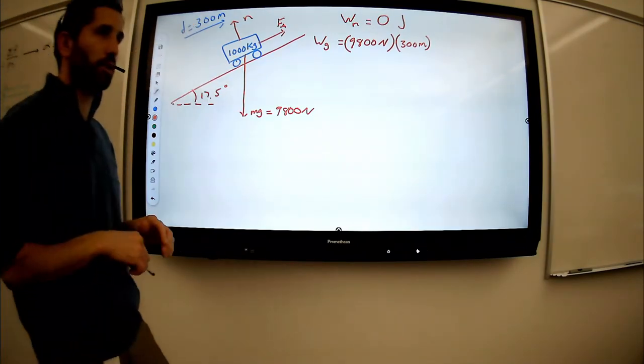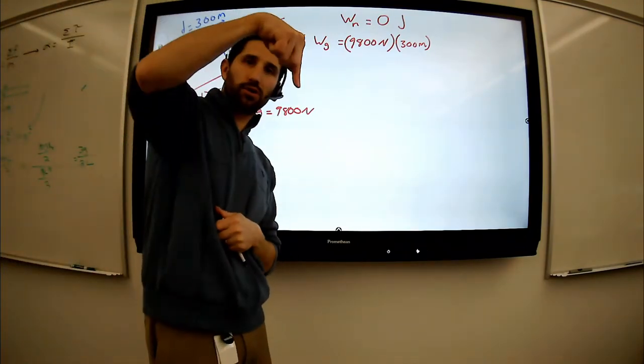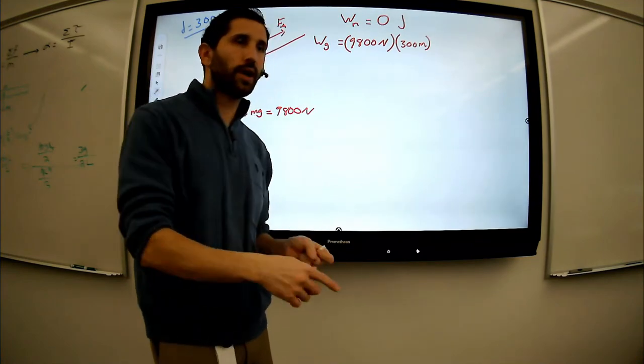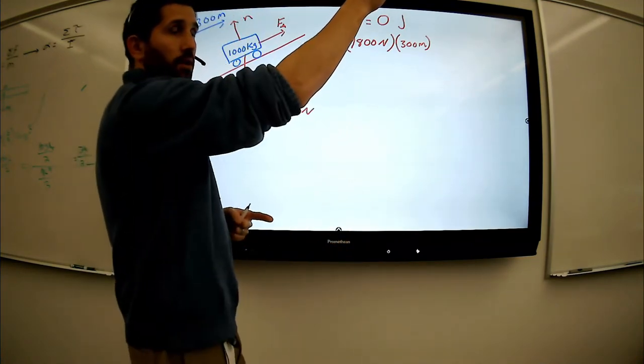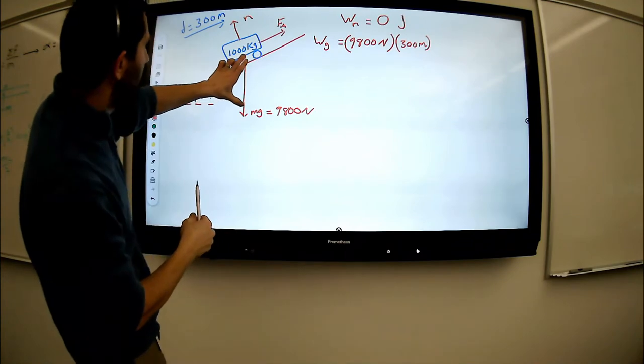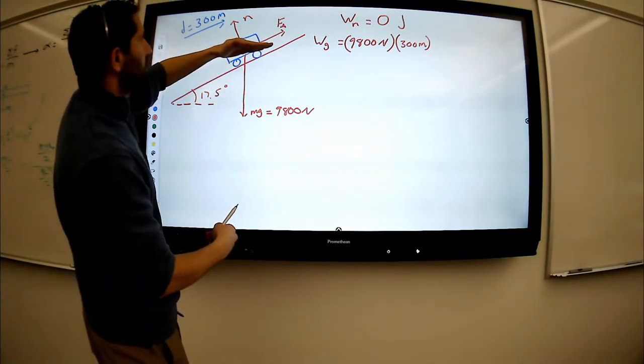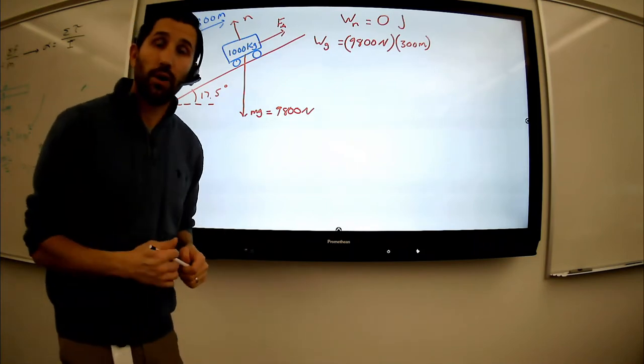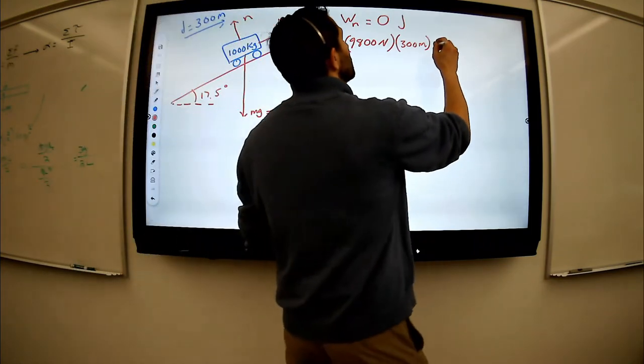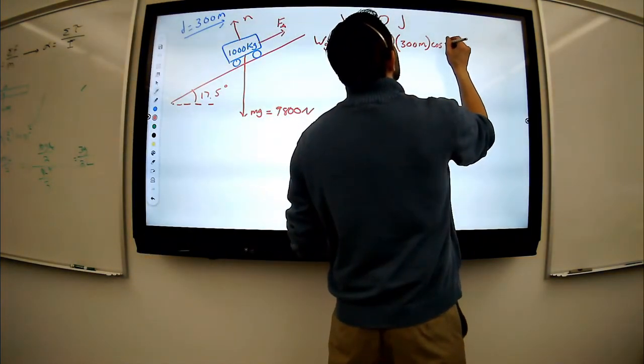So we've got to be careful here. The direction of the force is straight down. The direction of the displacement is up the incline. The angle between that and that is going to be 90 plus 17.5. We get 107.5.